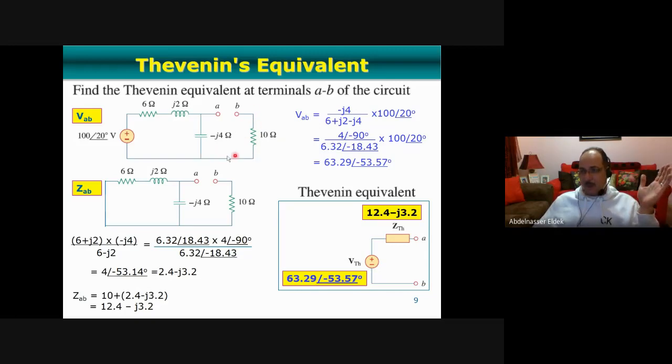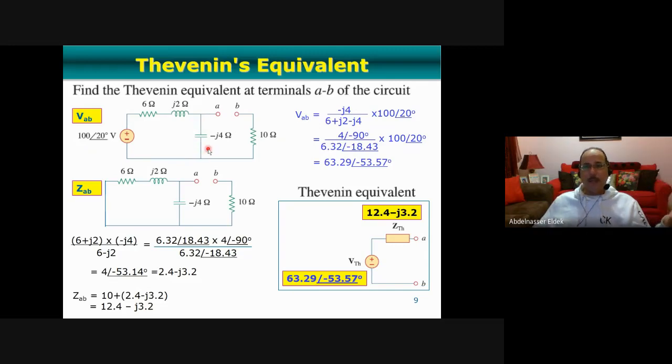The source will create a current here, and the current will come through the resistor and the capacitor, and will not go through the other resistor because it's an open circuit. So it will return back like this. So V between A and B, V Thevenin, is the voltage across the capacitor.